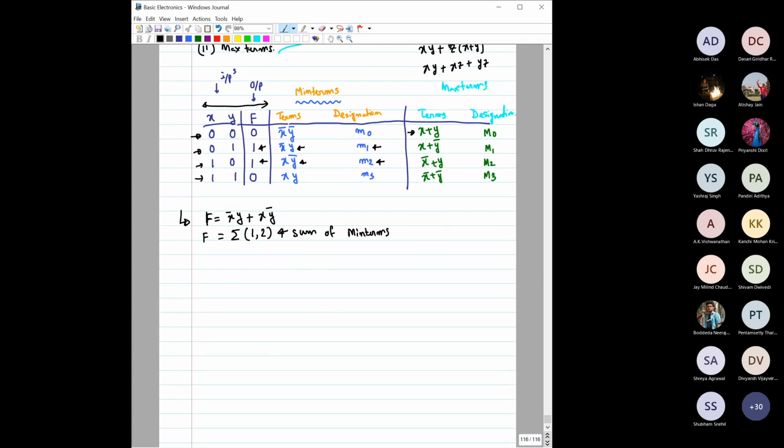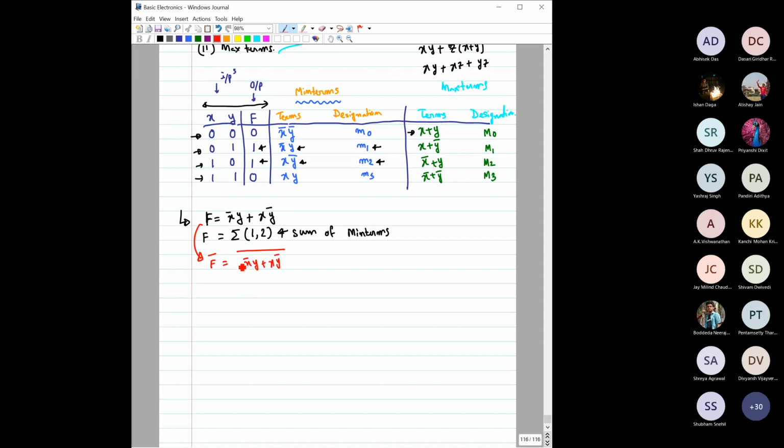Now here's one interesting thing. Suppose now you want to find f dash, or let us use the same notation, f bar. How will we find f bar?